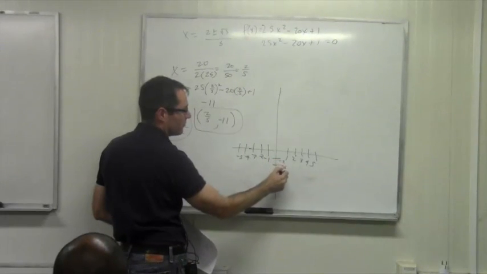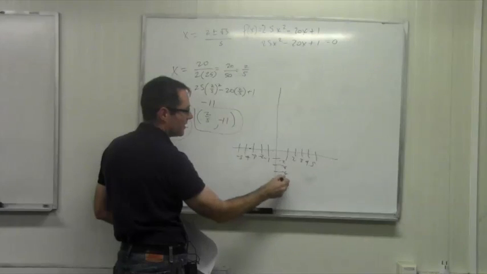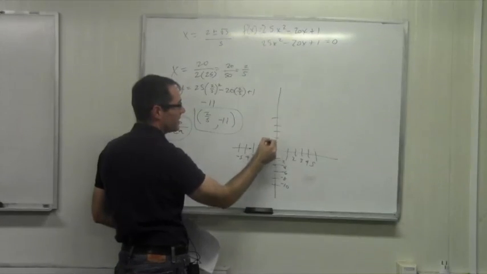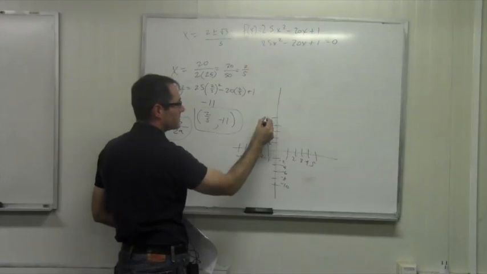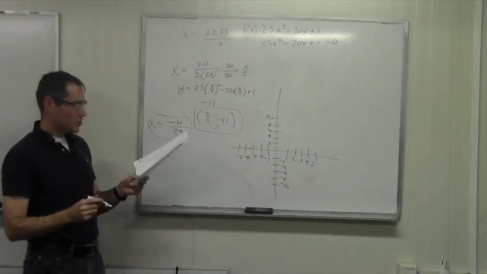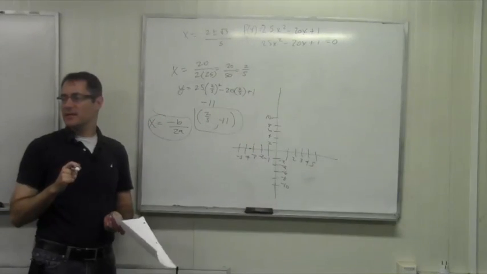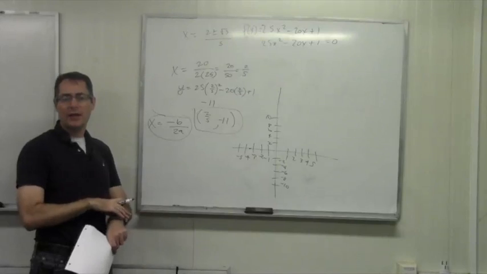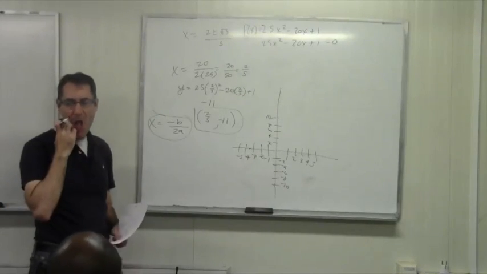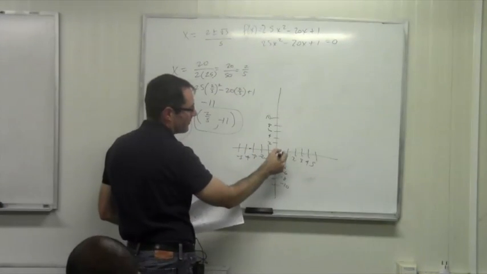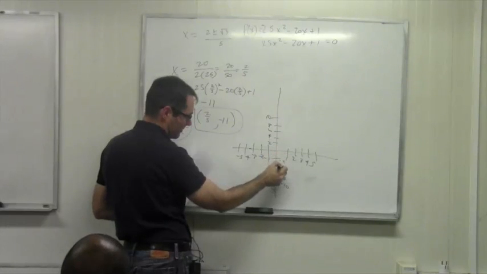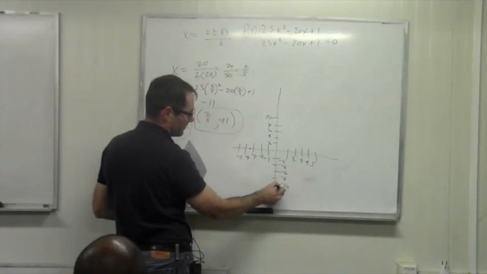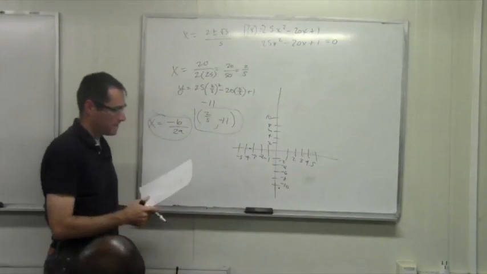Negative 2, negative 4, negative 6, negative 8, negative 10. OK? So 2/5 is what? A little less than a half? So let's say around here somewhere, and negative 11. So down here. About there. OK?